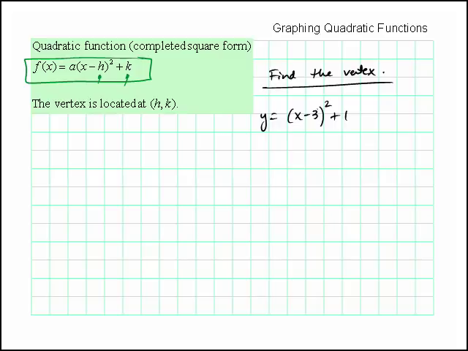Following this here, the h is 3 and the k is 1. Notice that in here you see a minus sign. I don't write -3 for the vertex, it's just the 3. It's sort of the opposite of what's inside the parentheses. And so the vertex of this parabola is at (3, 1).